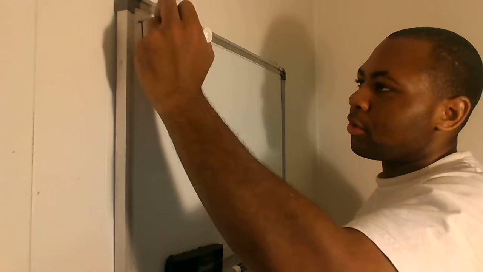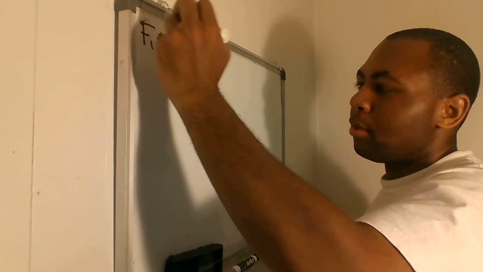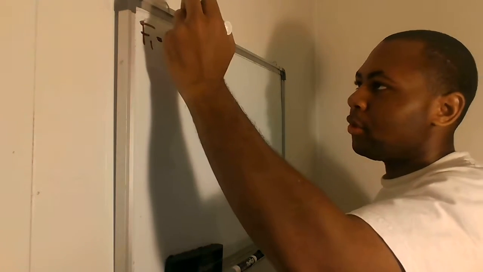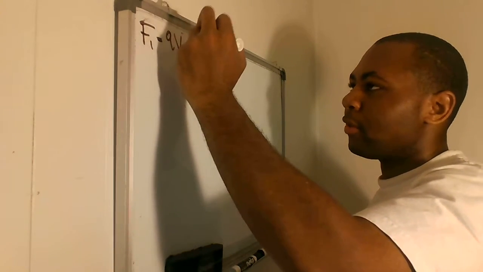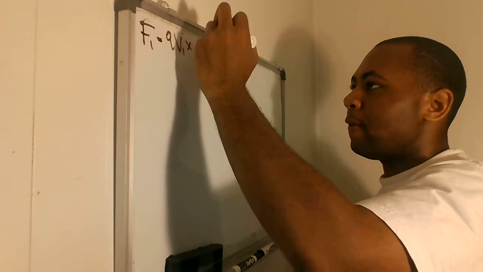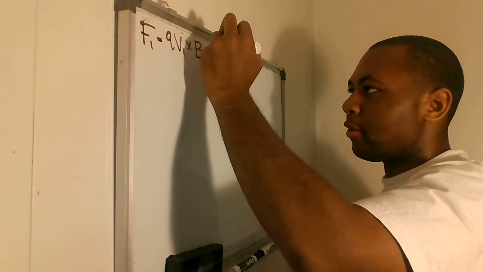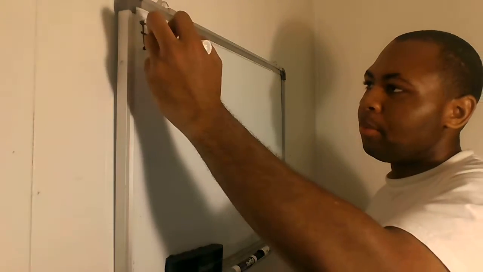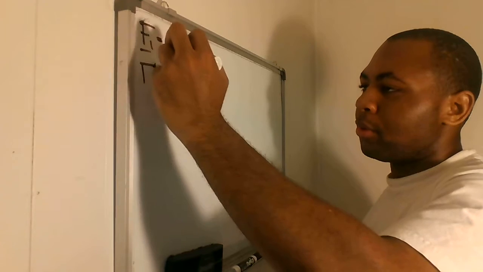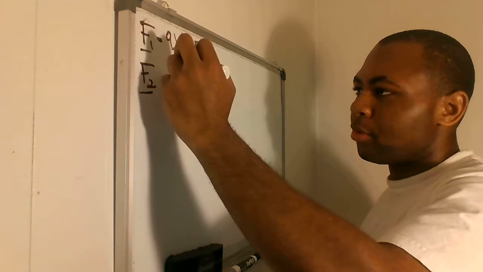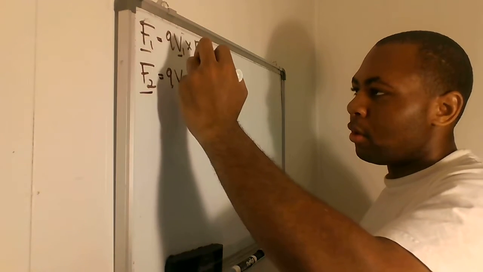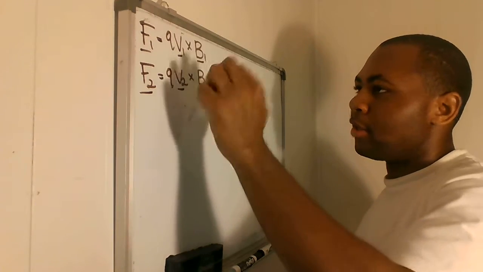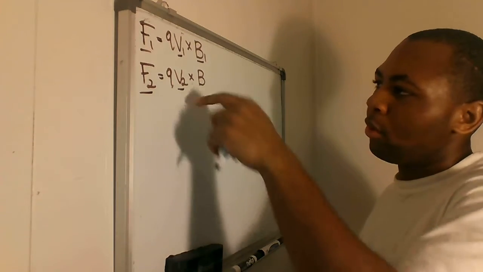One of the problems goes like this. We have two forces, F1 and F2. F1 has only a magnetic field: you've got some charge going at some velocity v1, and the force is v1 crossed with a magnetic field B. But we also have another force F2 acting on the same charge, where relative to the B field it's going at v2, in some direction. It does not have to be in the same direction as F1 or v1.